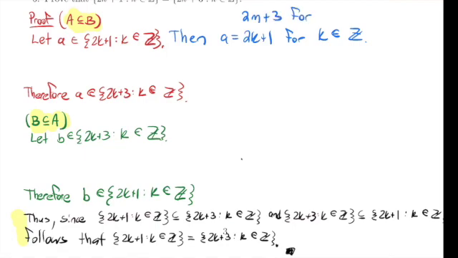Right, so what we need to show is that this number can also be written in the form, I'm just using m here to use a different number, 2 times some integer plus 3. So how can I get a plus 3 over here? I only have a plus 1.